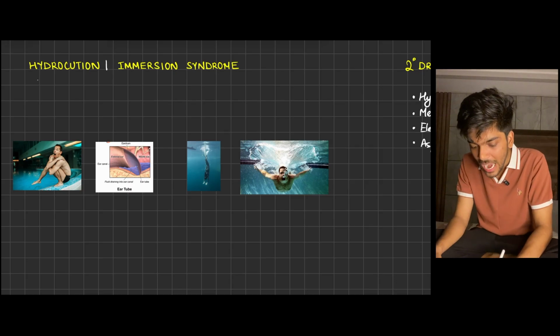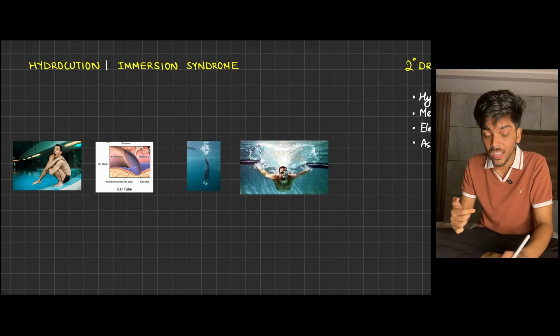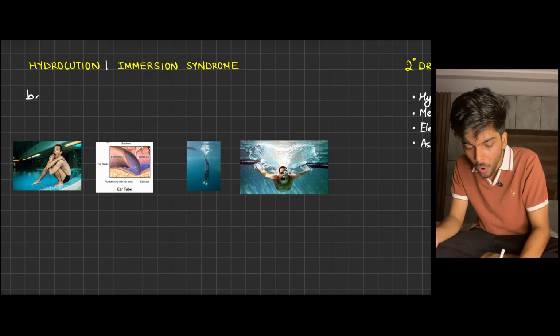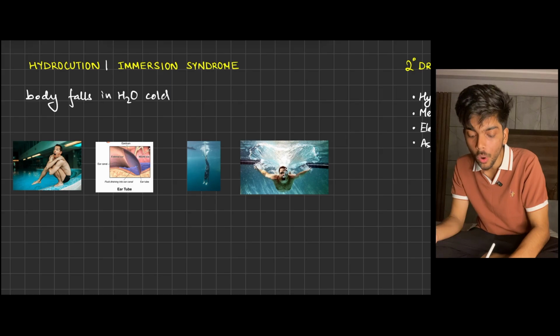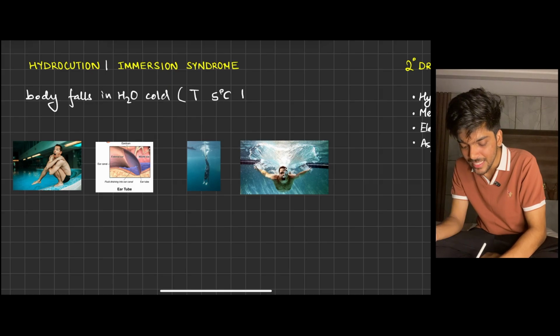Here, in hydrocution or immersion syndrome, there is death due to the body falling in water which is cold, with a temperature at least 5 degrees Celsius less than the body temperature.